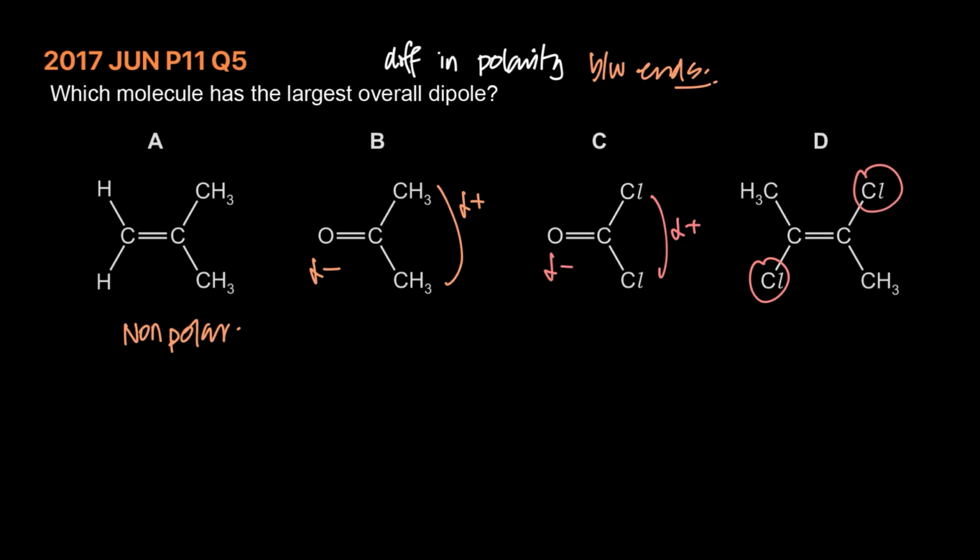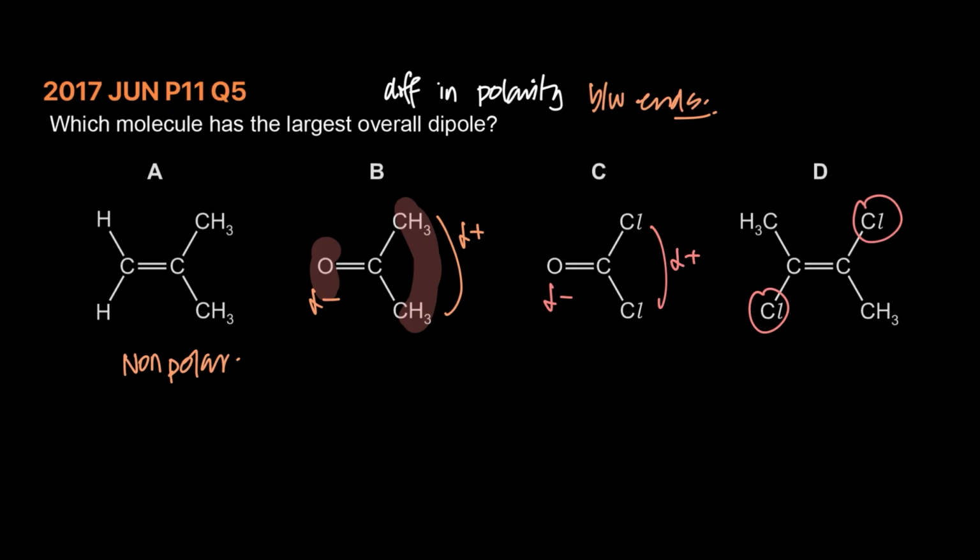You know why? Because here, the oxygen end and the CH3 end are in fact highly different in electronegativities, while O and Cl have less difference. Understand that the difference in polarity will come from what? Will come from difference in electronegativity. And in this case, these two have hardly any difference.